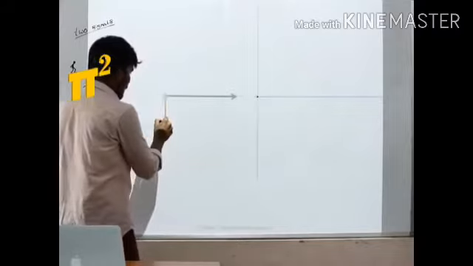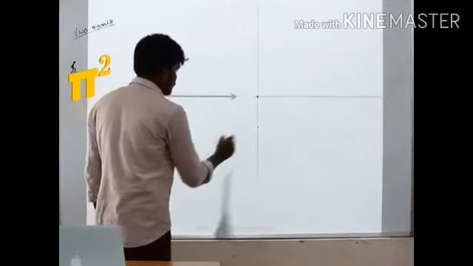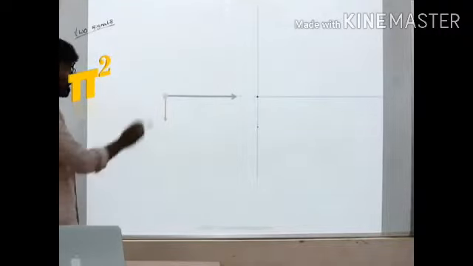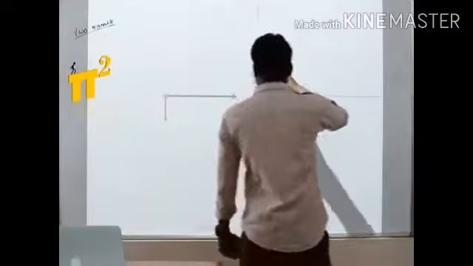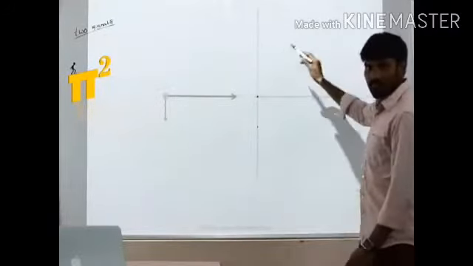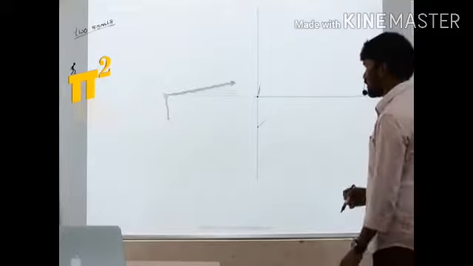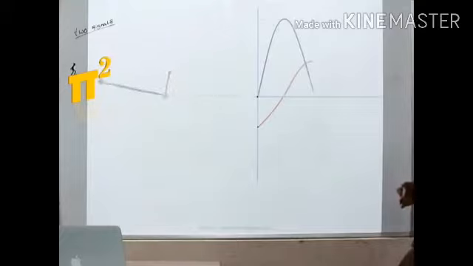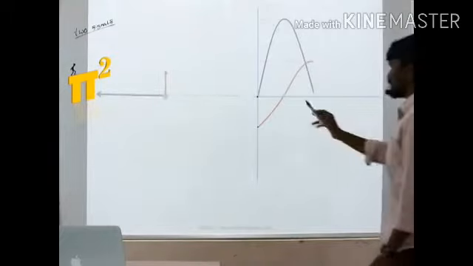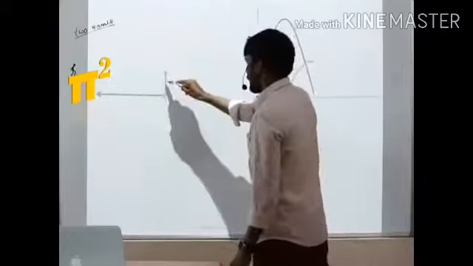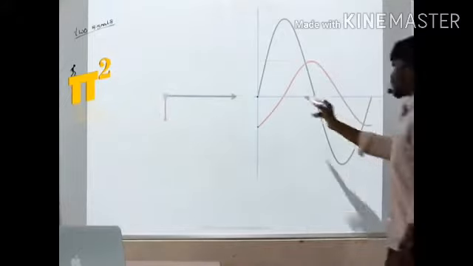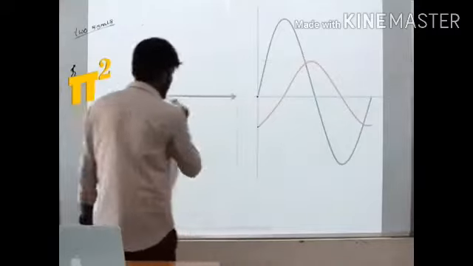At the same instant, red is having the maximum value. As these two rotate, we'll keep plotting their y-axis magnitudes here. Further, at this instant, again black is 0 and red is maximum. Further rotation. So instead of drawing these two, it will be better for us to draw this.